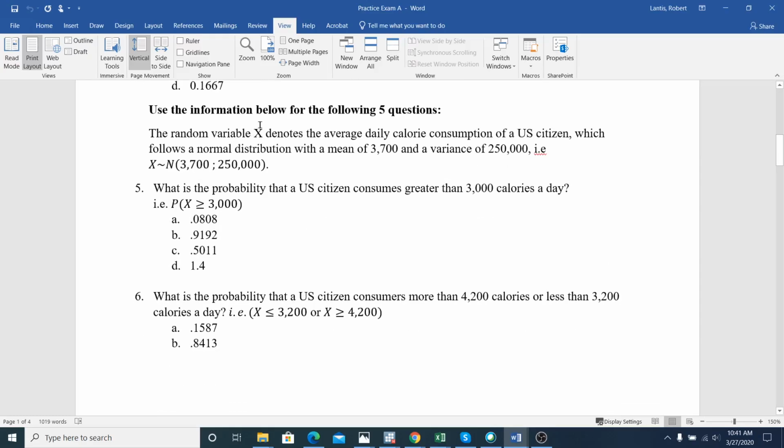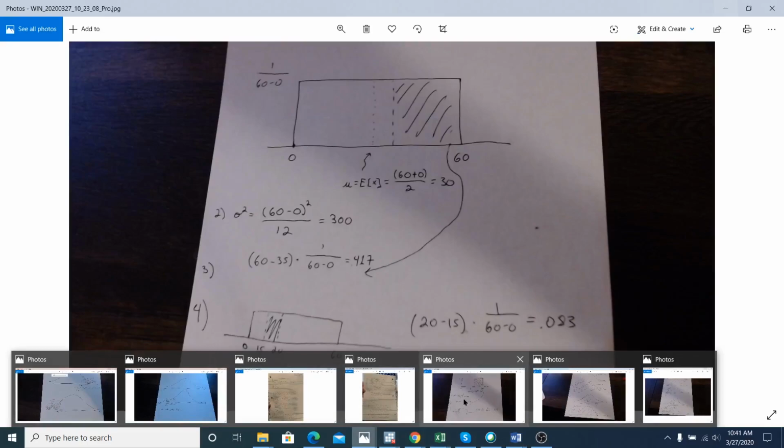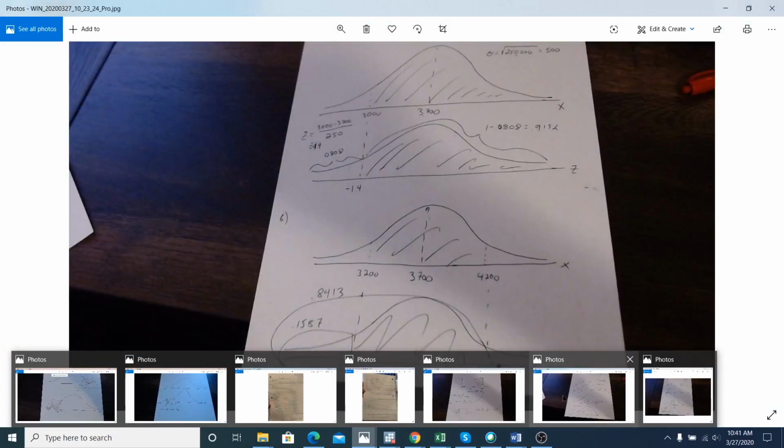So now I get this random variable x on 5. It's normally distributed. The mean is 3,700. The variance is 250,000. So what's the probability that it's greater than 3,000? If you think about what this is going to look like in terms of the picture, I've got one right here.